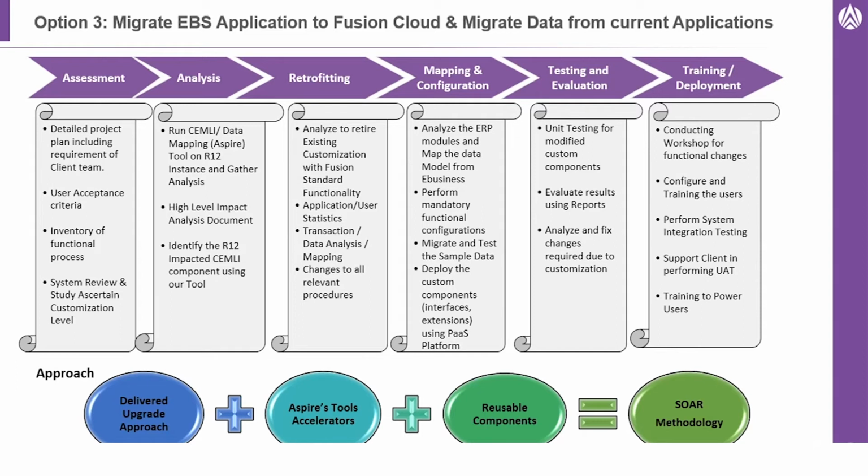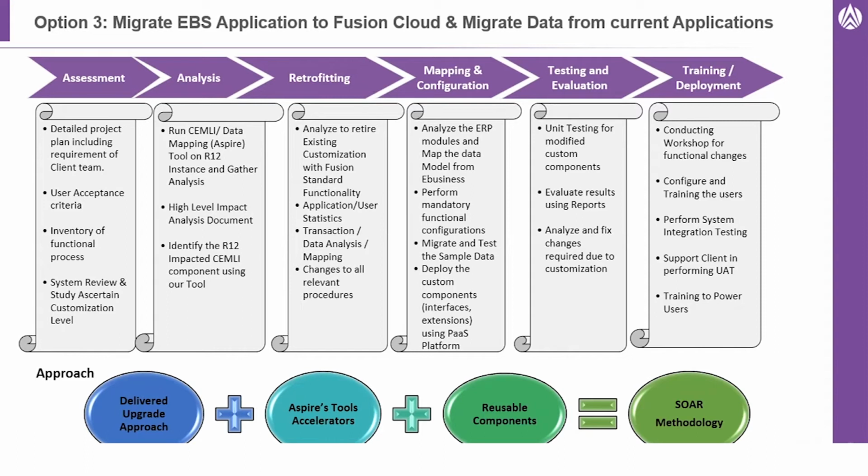So eventually you are moving from e-business to Fusion Cloud, the Fusion applications, and you get a lot of benefits in terms of new approaches like AI, machine learning, and blockchain. These are the latest technologies which you will reap out of this migration.